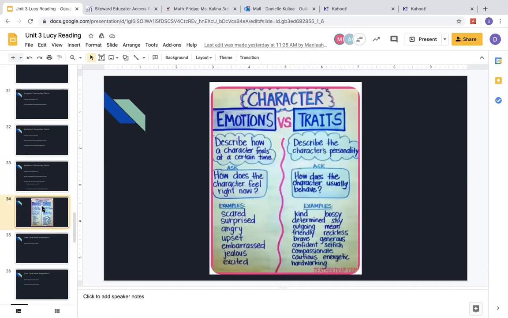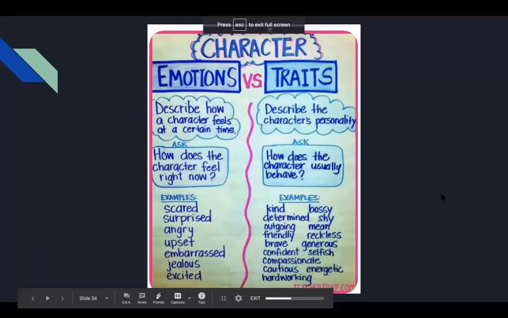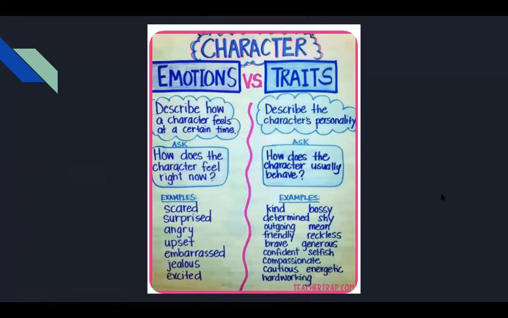So let's look at this. I want you guys to look real closely. I'm going to try to make it super big. This is a really important little anchor chart, and I'll put this on our Canvas page. For characters, we have emotions versus traits. Those are two different things. Emotions describe how a character feels at a certain time.